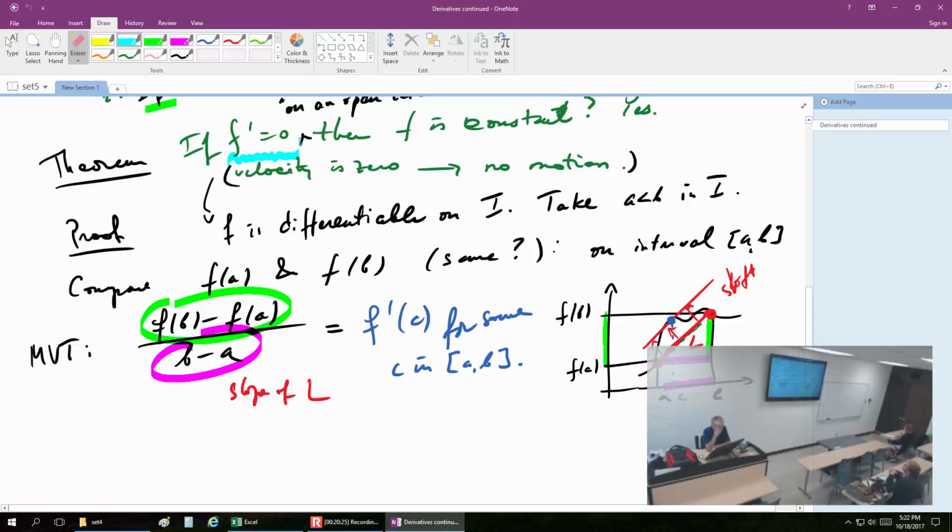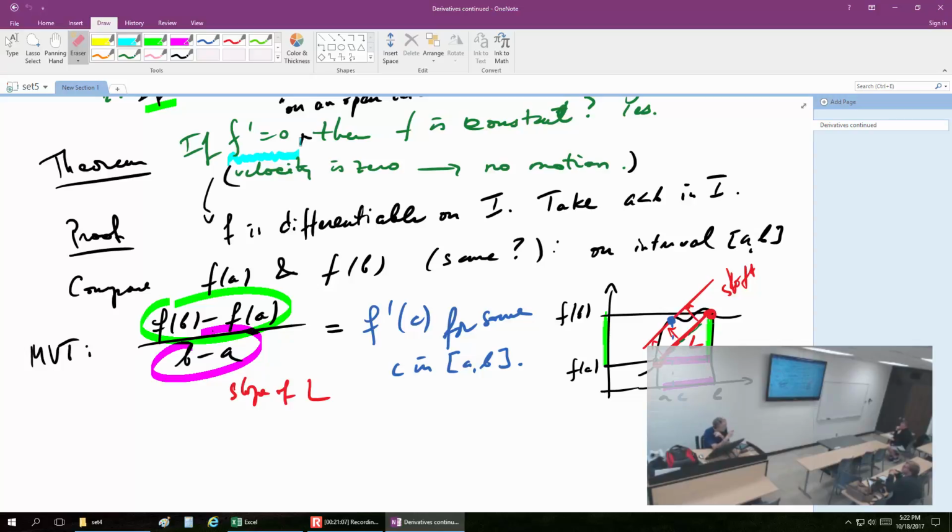So what do we conclude now? Well, f prime equal to 0, what does it mean exactly? We say that the derivative is equal to 0 on the whole interval. What does it say about the derivative at every point? It's also equal to 0. So at every point the derivative is equal to 0.